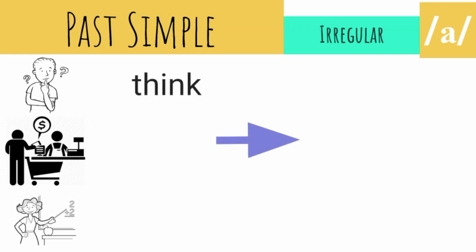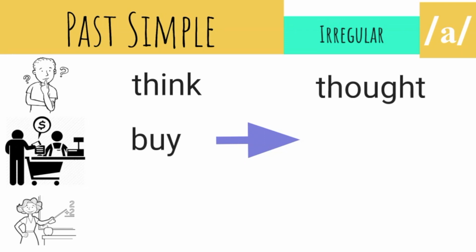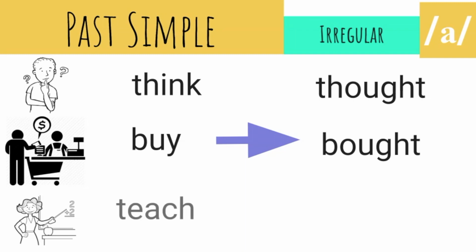Think becomes thought. Buy, bought. Teach, taught. Notice these three words all change to the ought sound, and they all are spelled with a G-H-T.